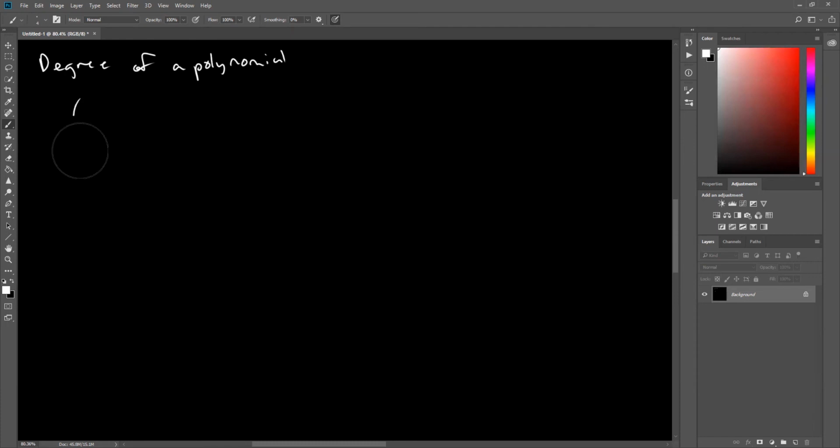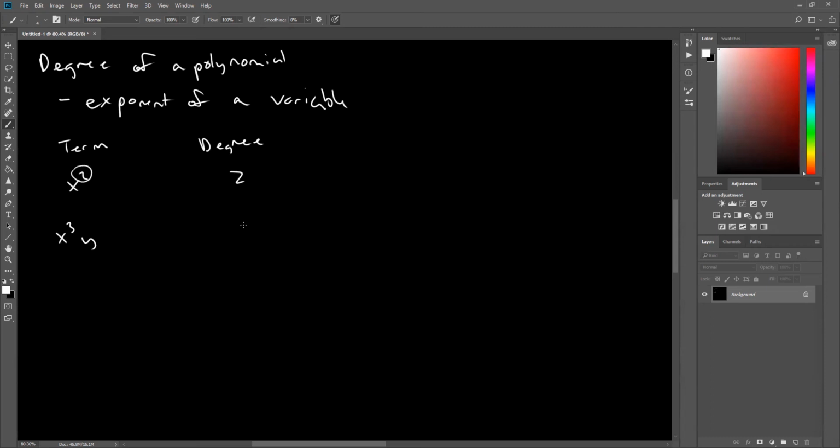So for example, let's say we had x squared, the degree would be 2 because that's our exponent, right? Let's say we had a term where our degree would be 4 because we have a 3 here and we have a 1 here. So we add up all the exponents.